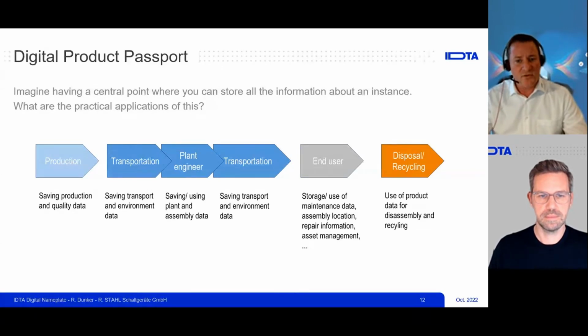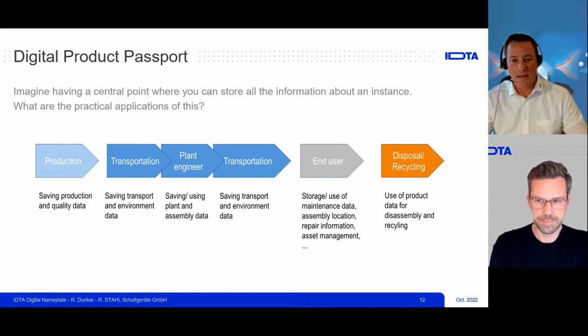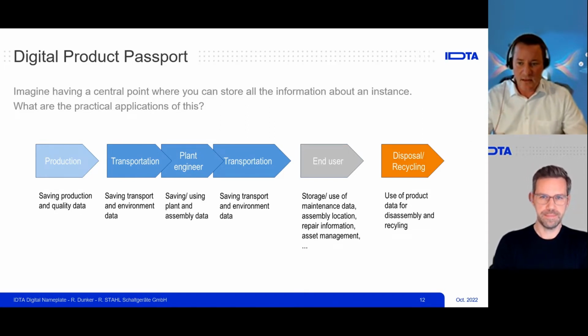And if you take a look again at real life, if you send fruit by ship to the markets, then there is a digital data logger already attached to the containers, which always measures the temperature, the humidity, and the CO2 content inside of the container, so that you can be sure that nothing happens to the fruit during the transportation phase. You will find analog devices for technical shipments.